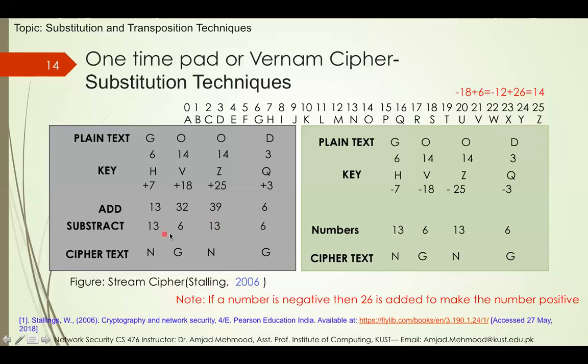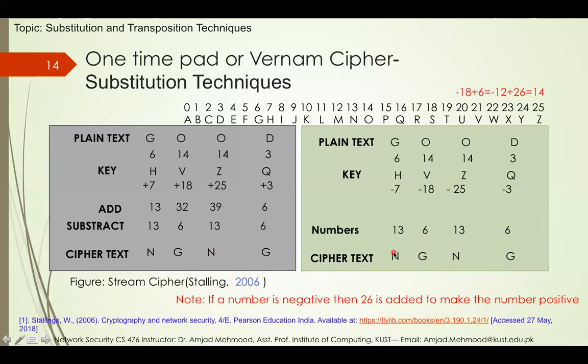Now we will get the character located on each number. On 13 we have an N, on 6 we have a G, on 13 we have an N again, and on 6 we have a G again. So now this is our cipher text, and this will be sent to the receiver.